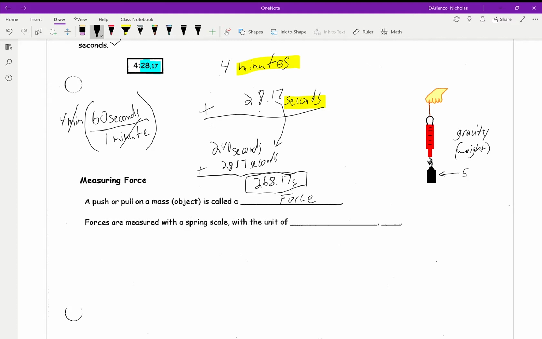Maybe this is a 5 kilogram weight. As gravity pulls this weight down, we see a force pulling the spring scale downwards, and we can then measure the reading that we get on the spring scale to determine the force, which we would measure in newtons, represented by a capital N. Or, to review what we did today, a kilogram times a meter per second squared is equal to a newton.